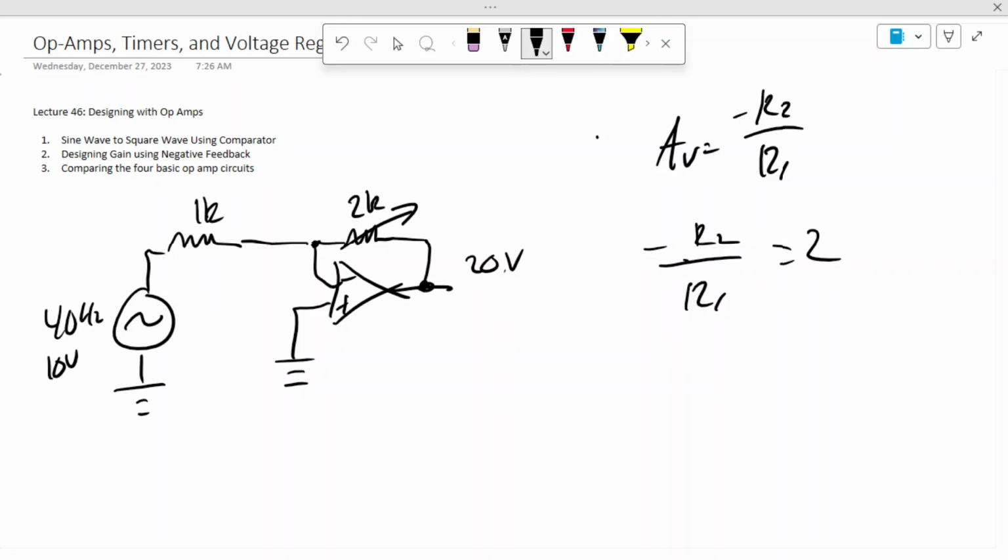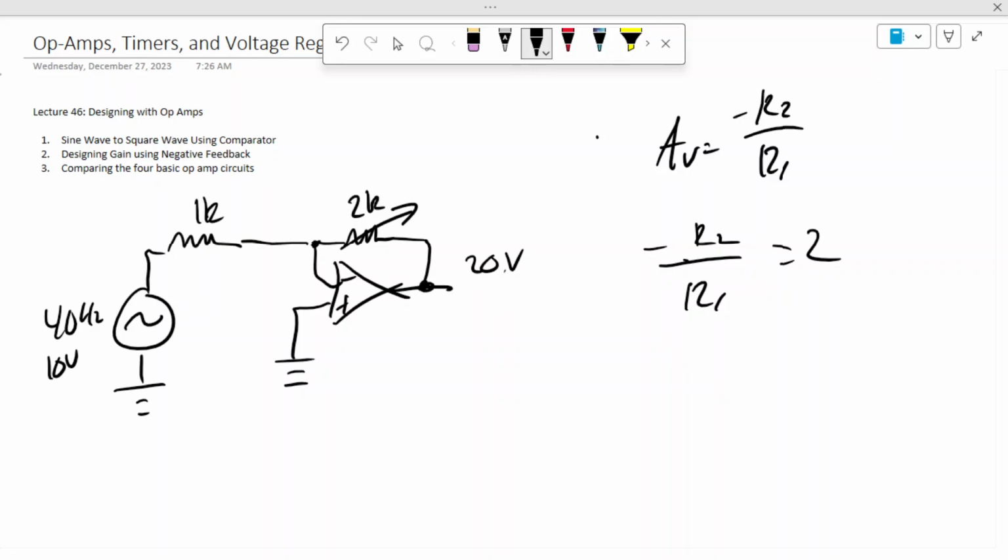So there's a lot of really cool opportunity, and we can really control amplification using negative feedback, and it's a much more intuitive way of doing it than designing it with transistors from scratch. So that is how we can start to design some really cool circuits using the basic fundamentals of op amps.